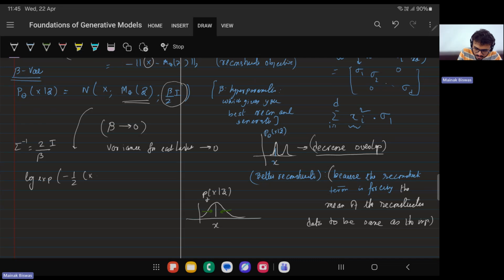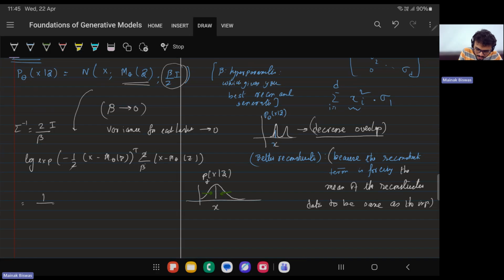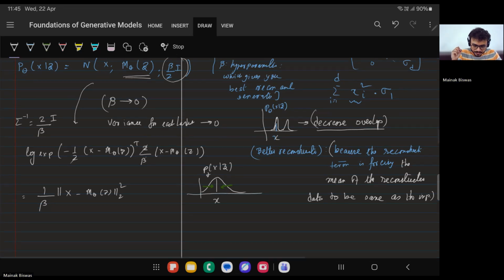So we'll have x minus m theta of z, transpose, 2 by beta, x minus m theta of z. The 2 and 2 get cancelled, and you get 1 by beta times x minus m theta of the latent, squared.